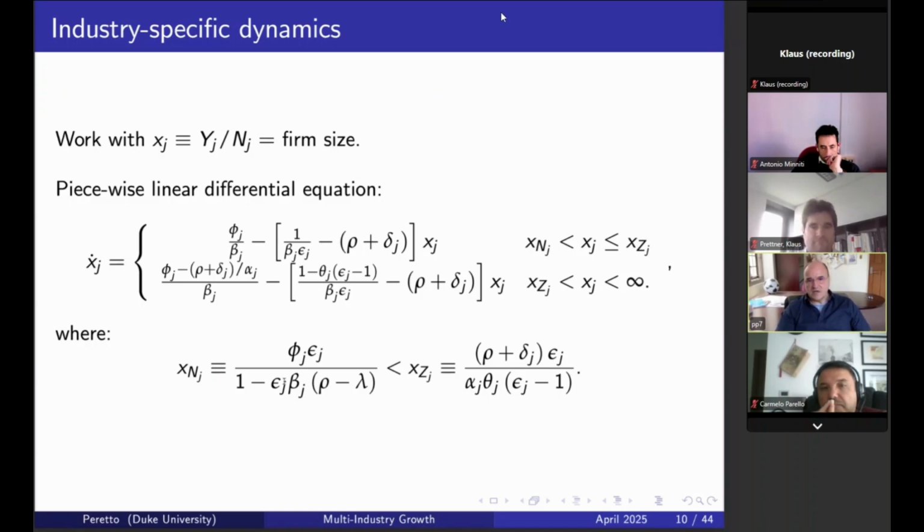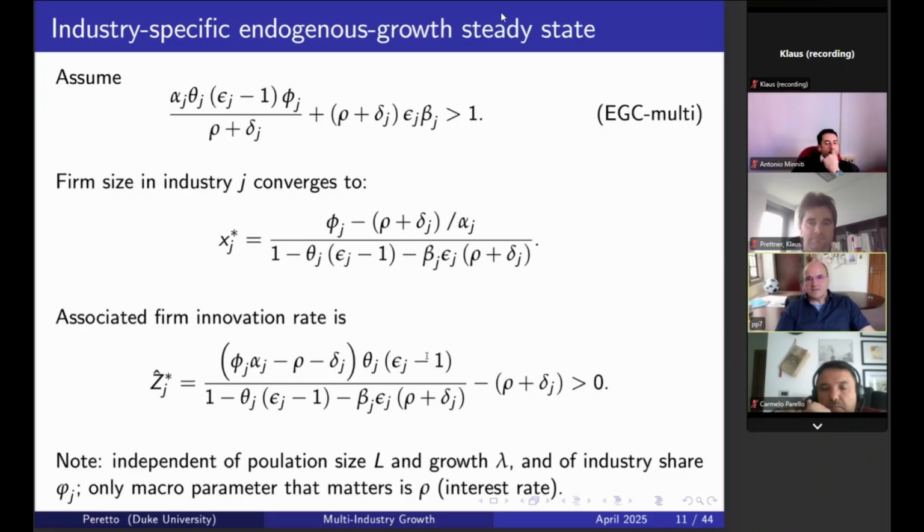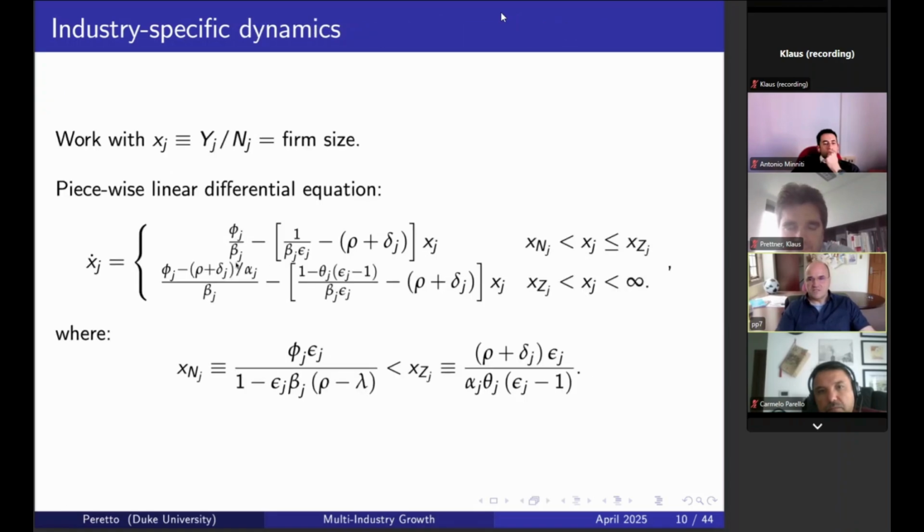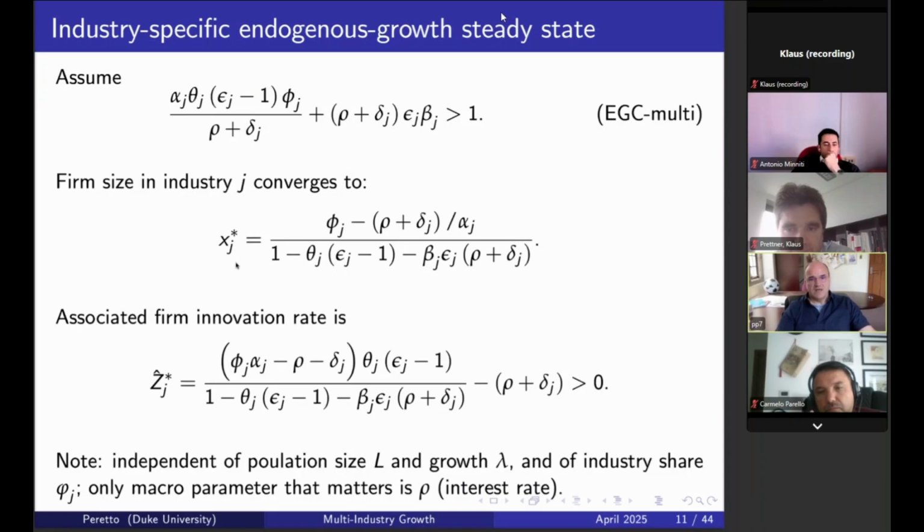The thresholds are industry specific. And in fact, I can have industries where I can invert the ordering. I'm not going to do that because it complicates things, but that's essentially the structure that we have here. Then there is an industry-specific endogenous growth condition, an inequality in the parameters. There is an industry-specific steady-state value of firm size, and that's the attractor of these dynamics, which is piecewise linear, so again I can solve it by hand.